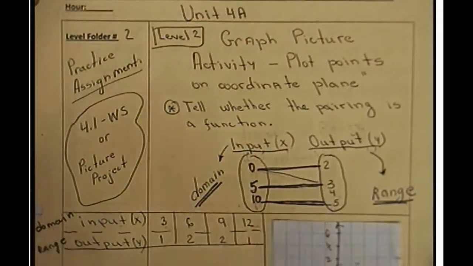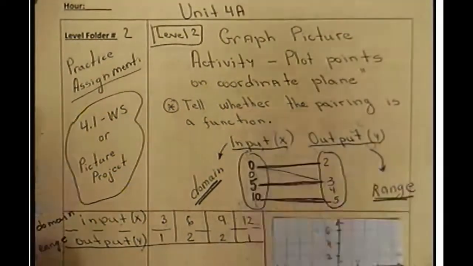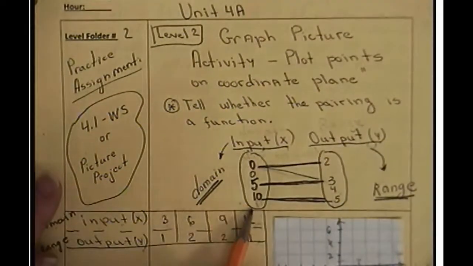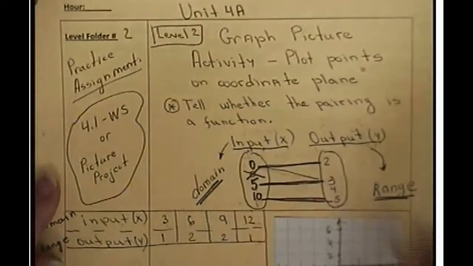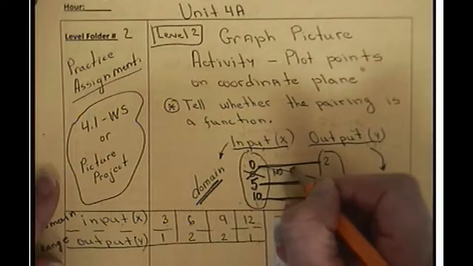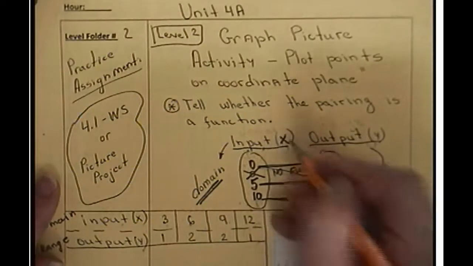When it's not a function, a given equation would not be a function if we have repeating numbers for x. Let's say we have 2 zeros here, and imagine this is a table. We cannot have 2 zeros. This is not possible. So this will give us no function because the numbers for x should not repeat.